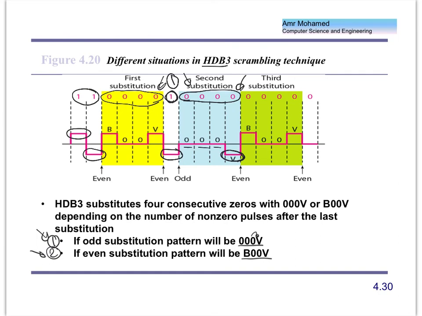What is the number of ones before this substitution, ya shabab? What is the number of ones here before this substitution? Just to confirm whether you are focusing or not.